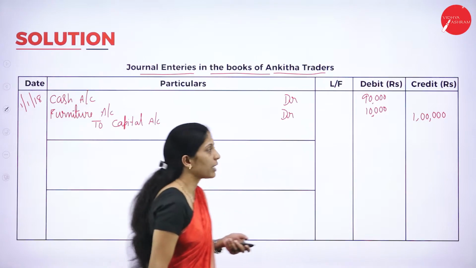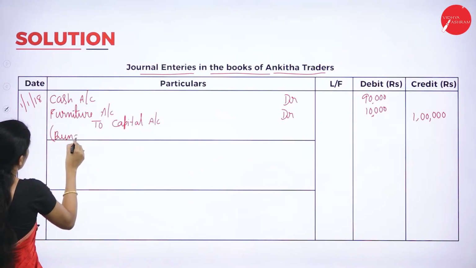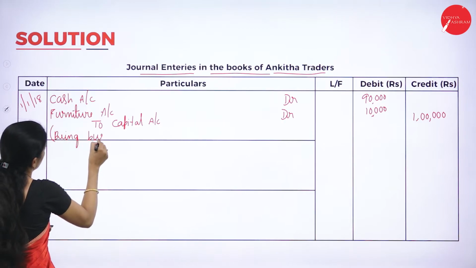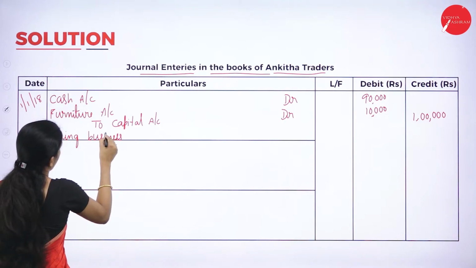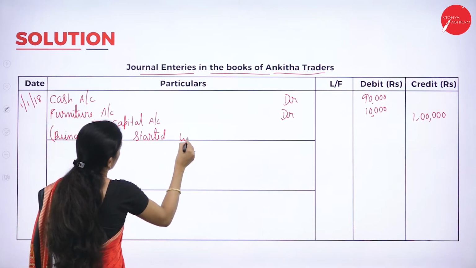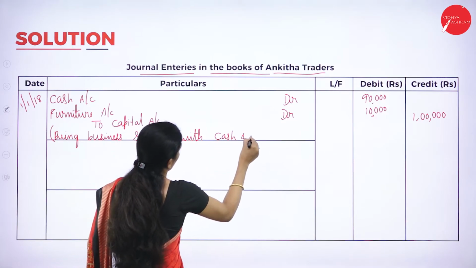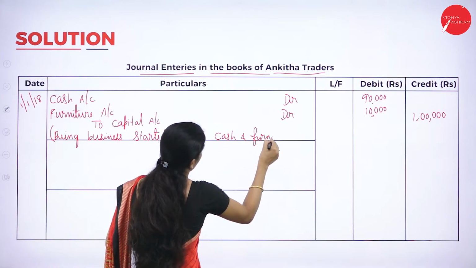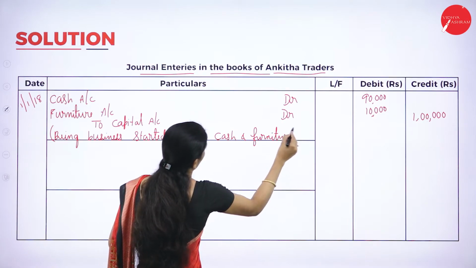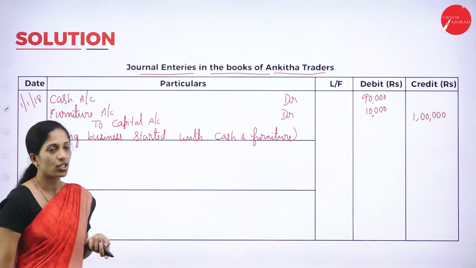So, write the narration: being business started with cash and furniture. Close the bracket. So, hope you are clear with the first journal entry.